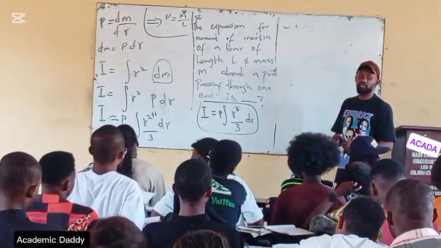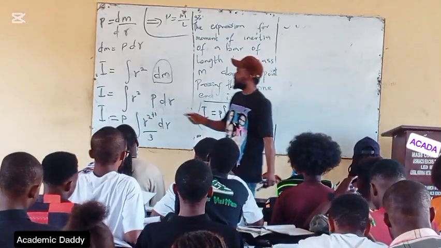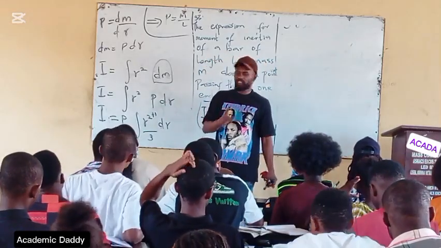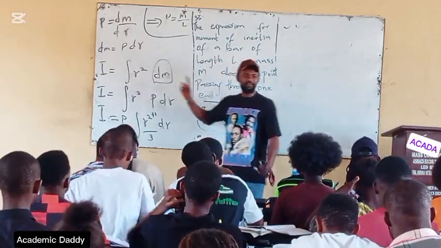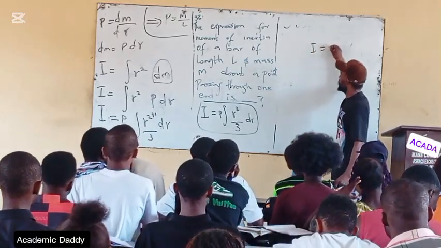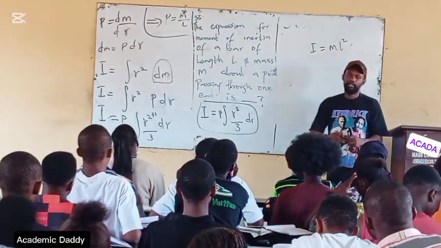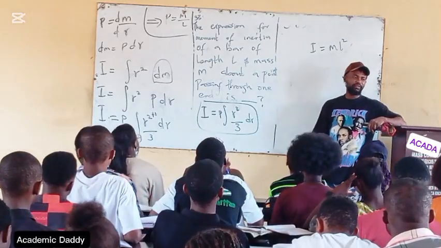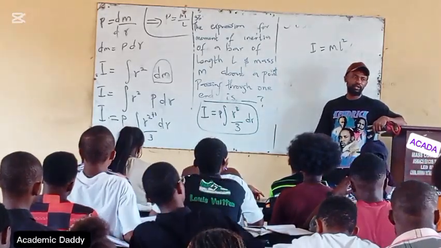Why did I change from here to R? Do you know that moment of inertia is the same as saying ml squared? Hello? Do you know that moment of inertia is the same as ml squared? Okay.